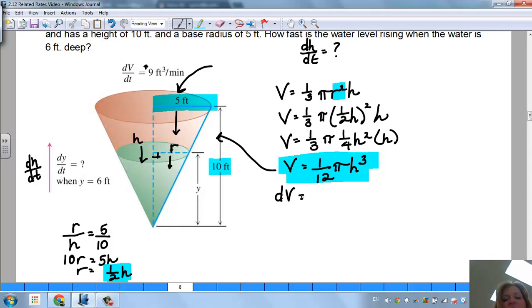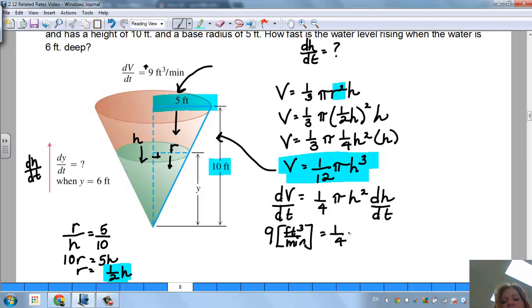So I have dV is, now I get 3 times 1/12, so that's going to be 1/4 pi h squared dh. Go through and divide through by dt because it's with respect to time. And we know dV/dt is 9 cubic feet per minute equals 1/4 pi.